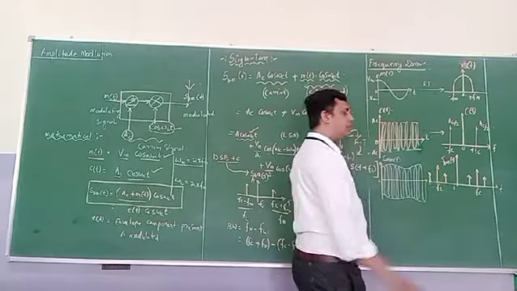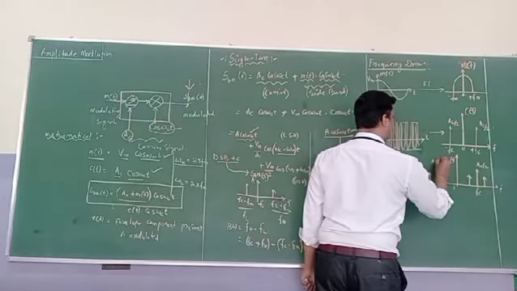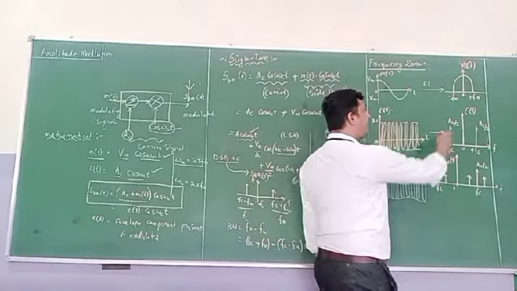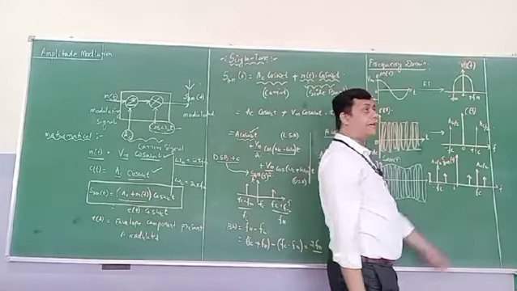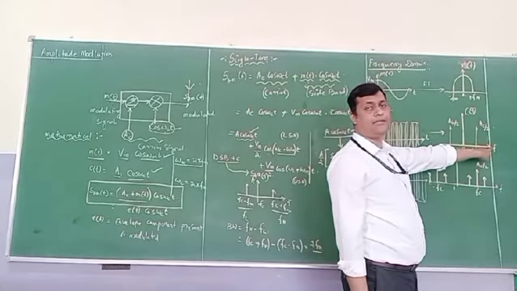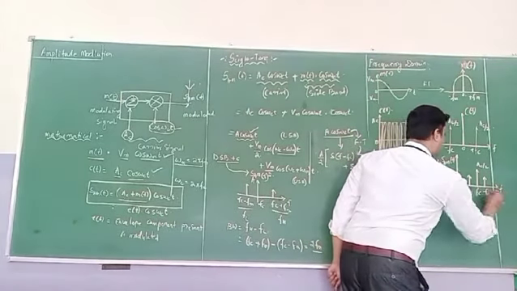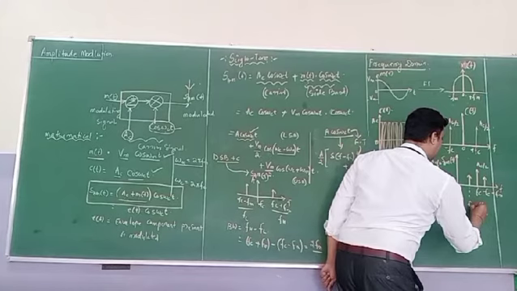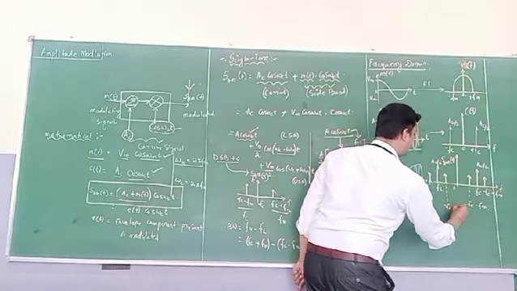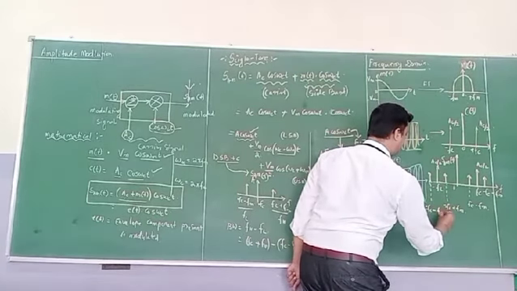The carrier amplitude is Ac by 2, present at plus fc and minus fc, with two sidebands. If I impose the modulating signal on this, it will spread to f plus fc and f minus fc. This one is fc plus fm, and this one is fc minus fm. Similarly, this component is minus fc plus fm, and this component is minus fc minus fm.